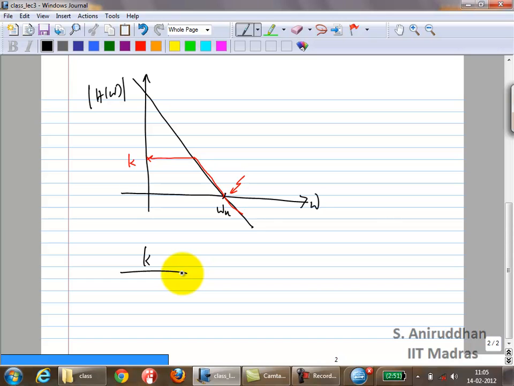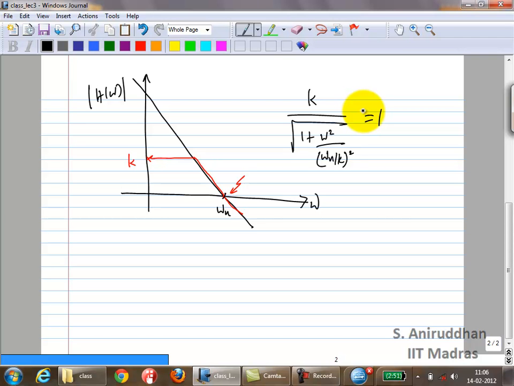Right now we are just plotting the magnitude. This was the magnitude, right? K over root of 1 plus omega squared over omega u over k the whole squared. Correct?